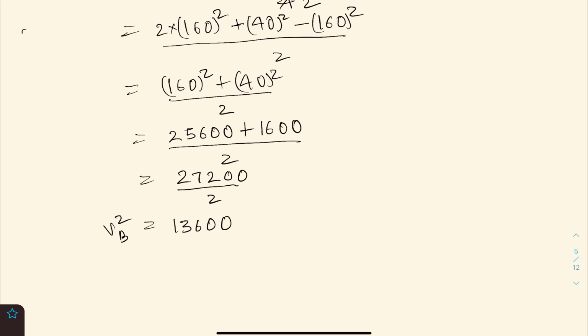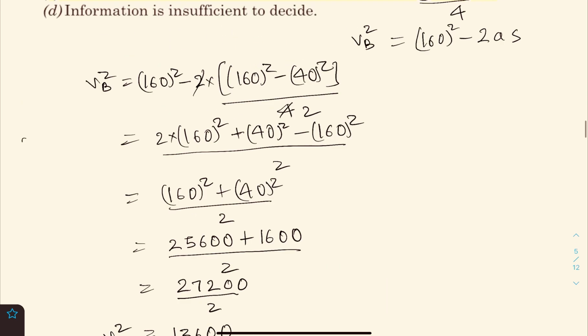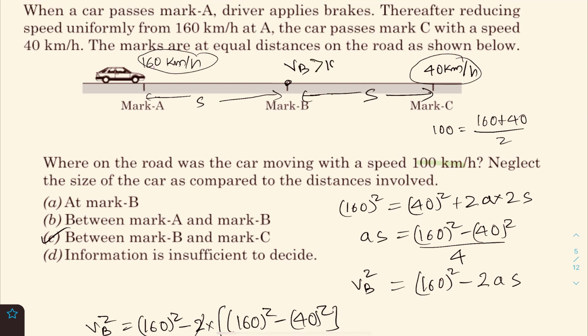So the VB value will be equal to root over 13,600, which is greater than root over 10,000, and root over 10,000 is nothing but 100. So you can see that the speed at point B will be greater than 100 km per hour. So 100 km per hour will happen somewhere in between B and C.